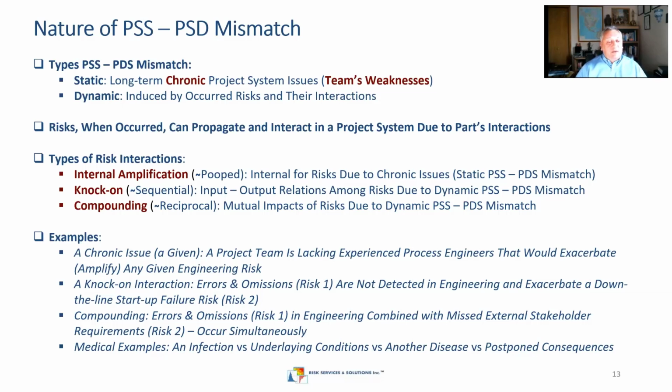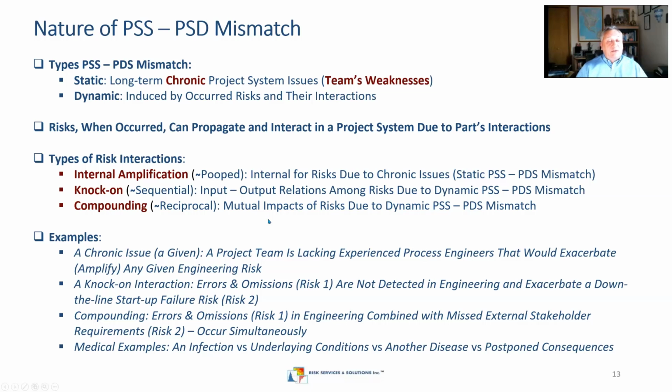Chronic issues are given when the project team is lacking experienced process engineers, say in a refinery project, and they will exacerbate, amplify any given engineering risk. Any risk in this particular project will have bigger consequences than in another project, say. Knock-on interactions: say we have errors and omissions, which is risk number one in this situation. And risk number two would be startup failure risks. And of course, if you have some errors and omissions at the beginning of the project in engineering, startup risk or risks might be exacerbated significantly.